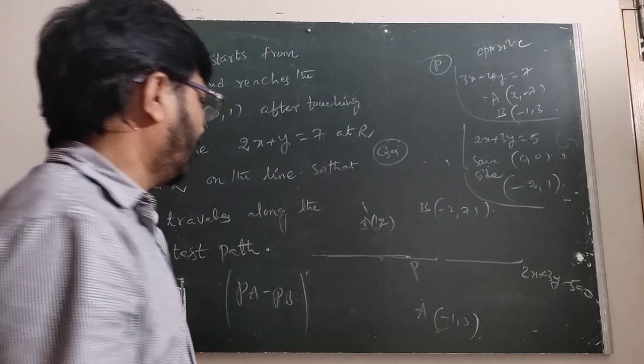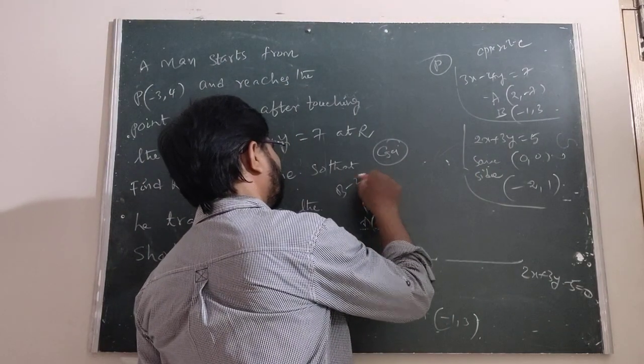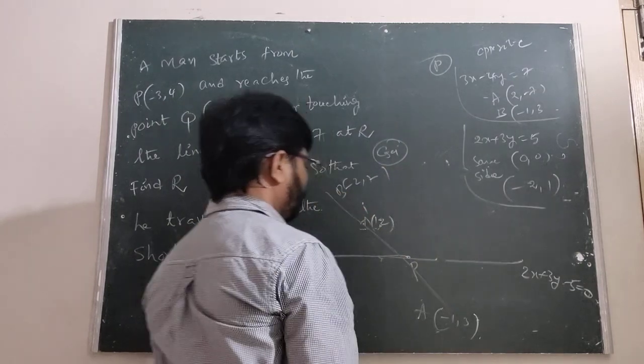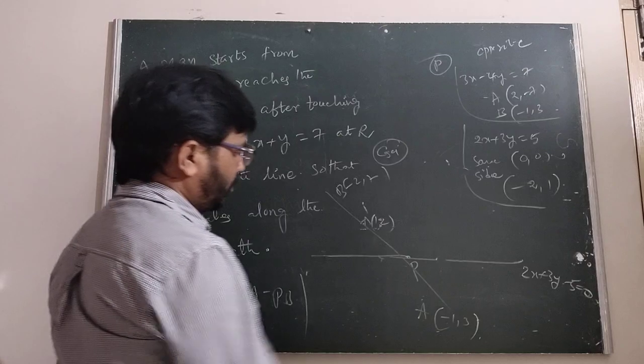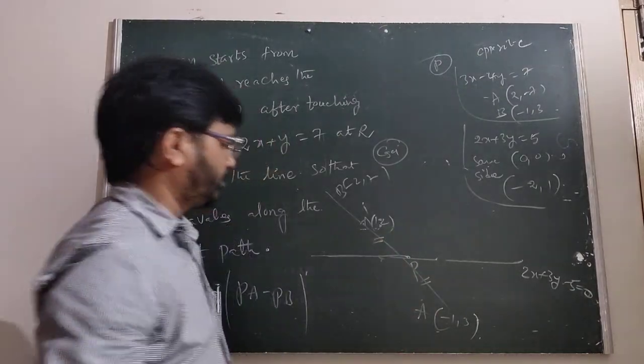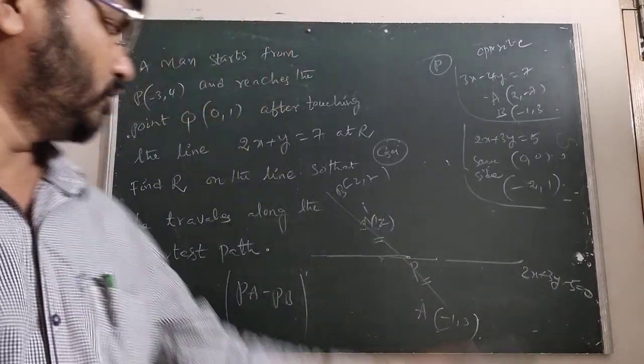Now we take the point B as minus 2 comma 7 and draw the line segment. How to write PA minus PB? We know that PA equals PA dash, because A dash is the image of A with respect to the line.